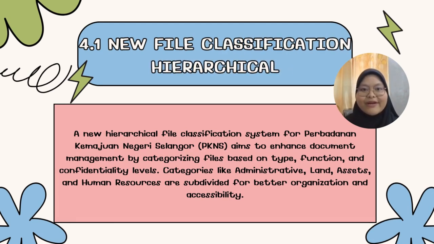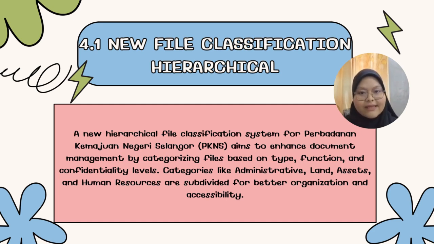My part is about the recommendation of a new file classification hierarchy. The new file classification hierarchy is the broad and fast hierarchical classification filing system. That means a novel hierarchical file classification system has been introduced for Perbadanan Kemajuan Negeri Selangor (Pkns) to improve their document management.